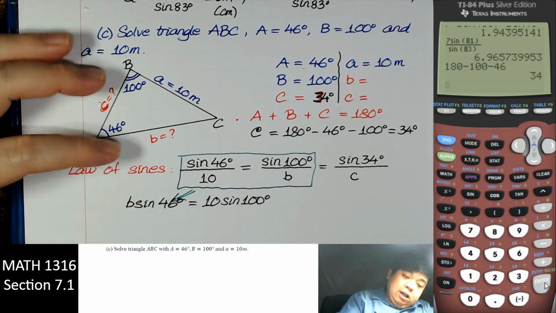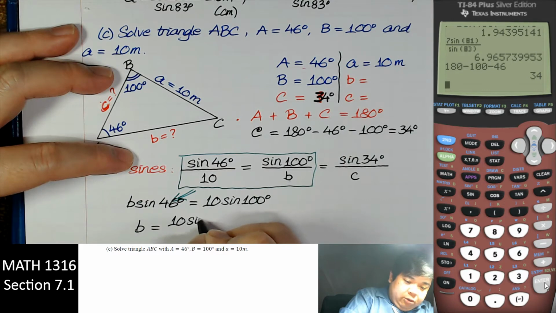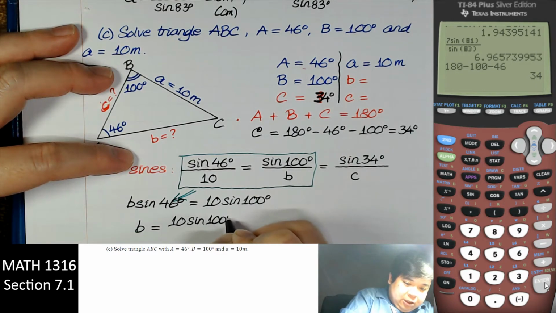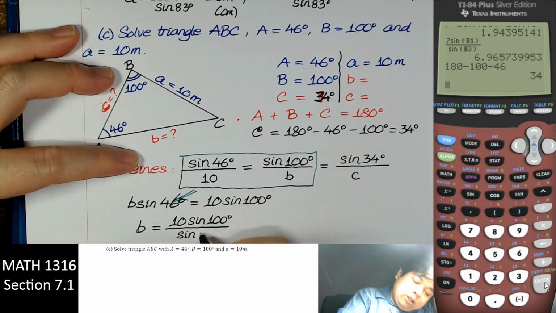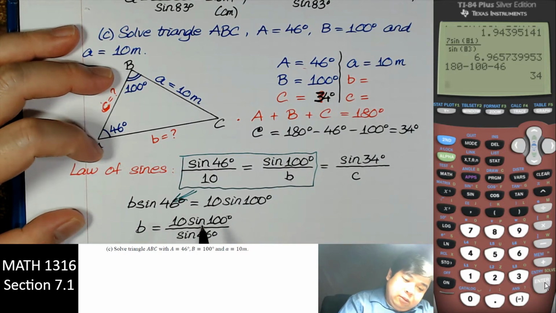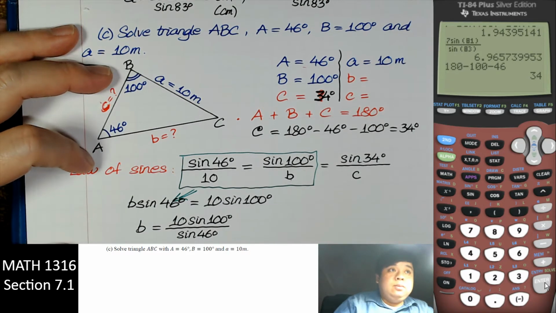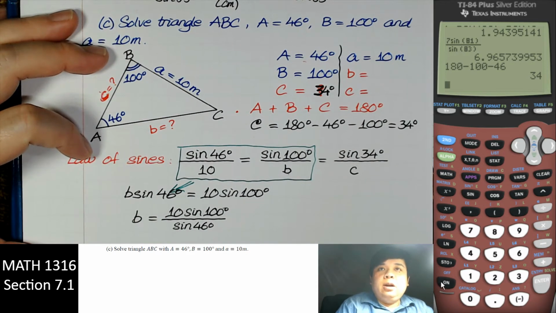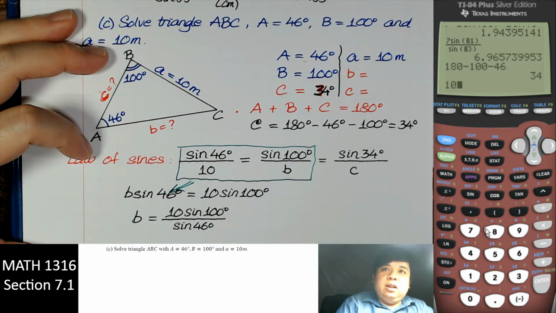Right, and then solve for b: 10 sine of 100 over sine of 46 degrees. Right, in degree mode, 10 sine of 100 divided by sine of 46.